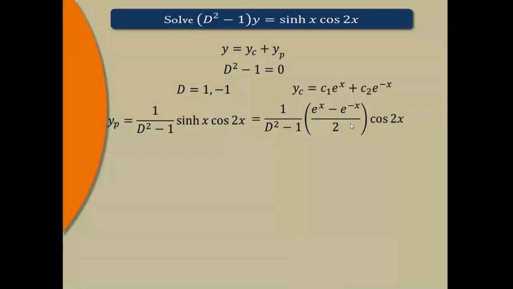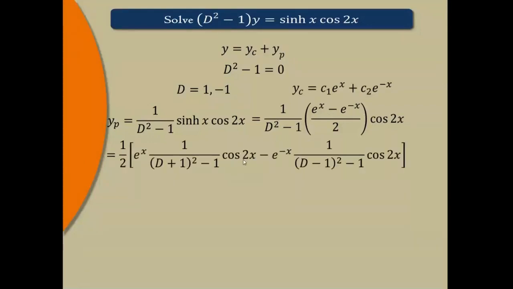For this product, you can use the e raised to x into v rule. Take e raised to x outside, replace D by D plus 1. Here a is 1. And for e raised to minus x into cos 2x, take e raised to minus x outside, and wherever D is there, replace it by D minus 1. So multiply cos 2x inside and separate them using the e raised to x into v rule.